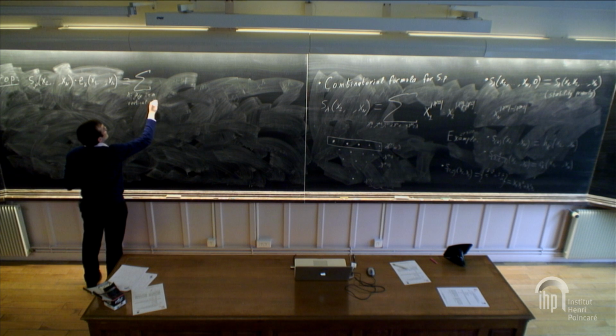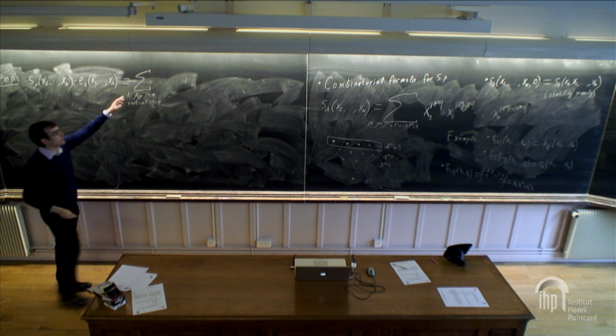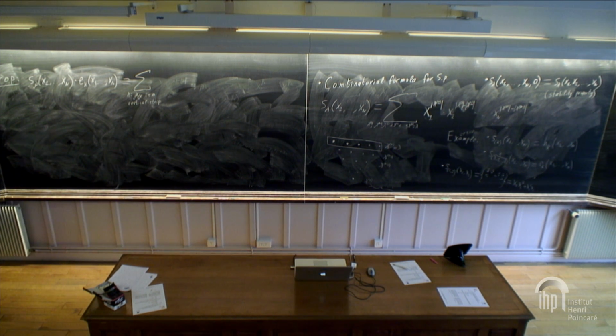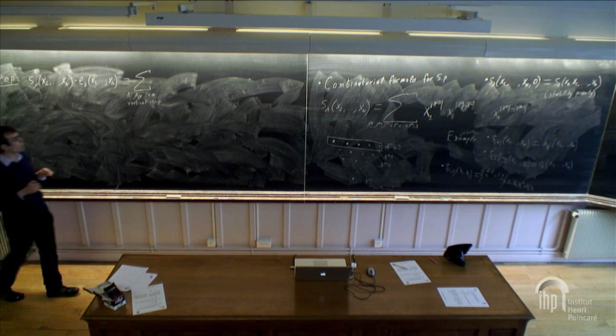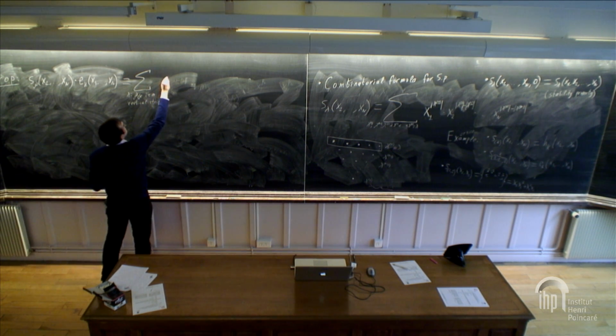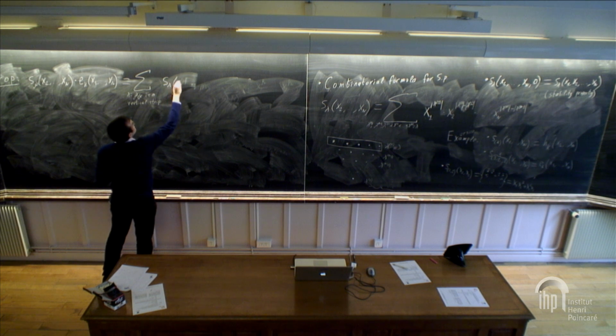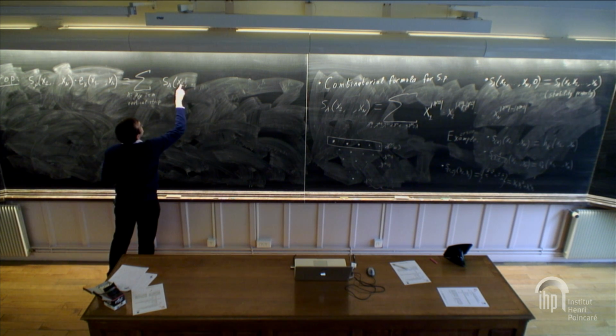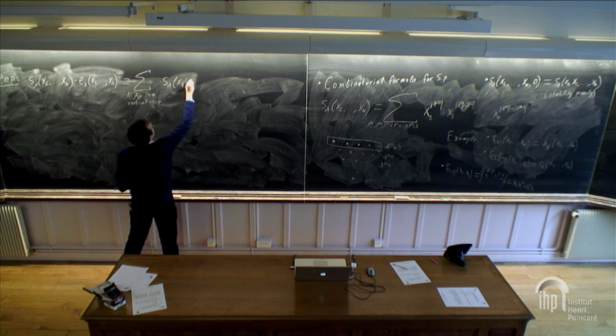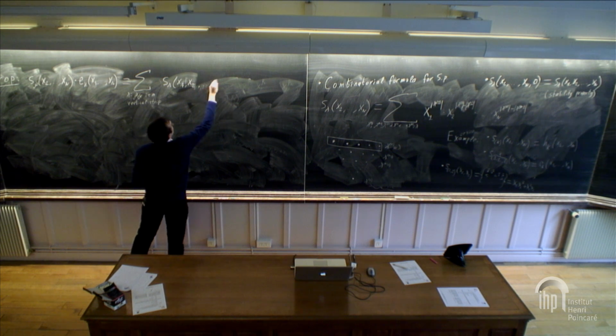I already defined what it means for a set difference of two Young diagrams to be a vertical strip. That means that two boxes cannot be in the same row. And here I should write S lambda of x1, x2, ..., xn.